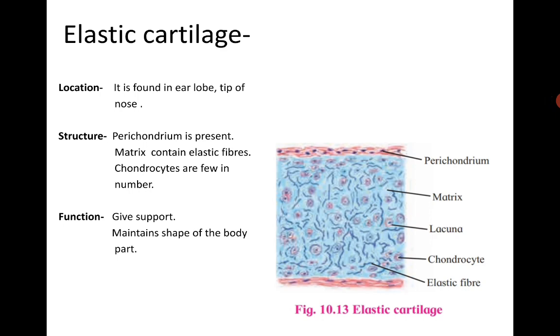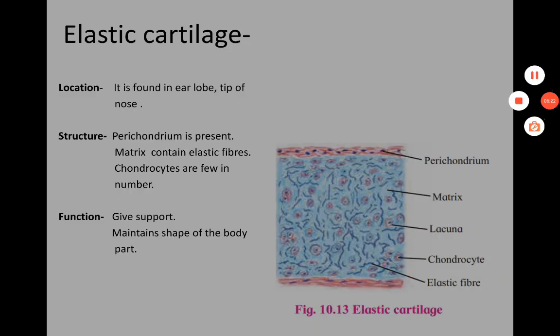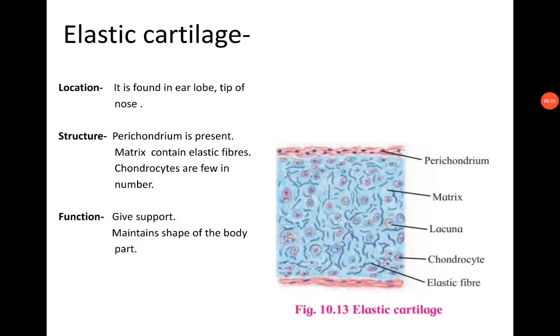Structure: the outer covering is formed by perichondrium and the inner cartilage is fully filled with matrix and elastic fibers in large number. Because it provides elasticity to this tissue, it secretes elastin.